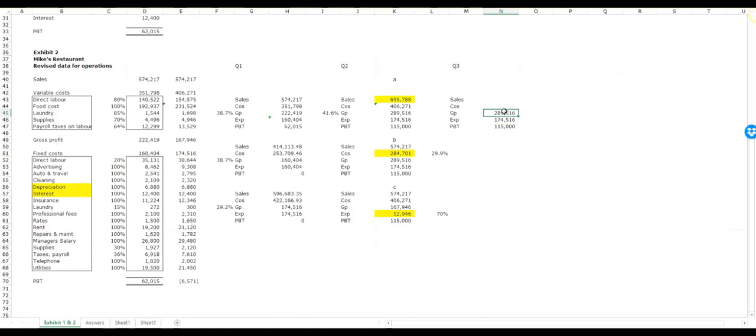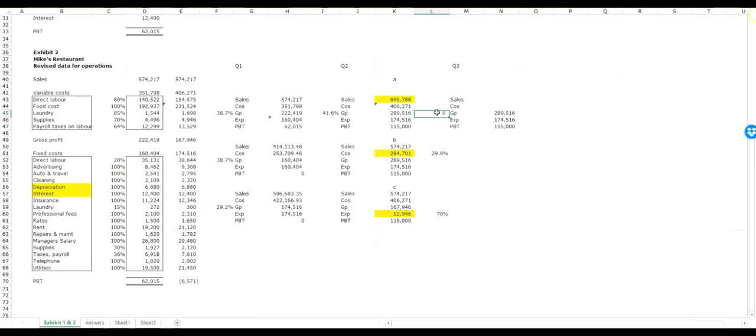Volume increase, no sales price increase. We actually did this calculation as a test at the beginning of question 2. What we need here is the profit margin that we calculated for this business back here, 29.2%.